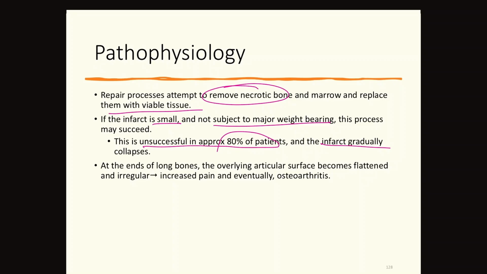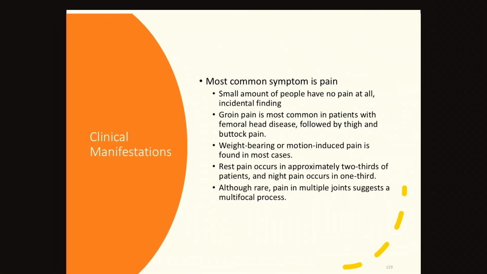At the end of the long bones, the overlying articular surface becomes flattened and irregular, so they get increased pain, and eventually they get osteoarthritis. Because we are dealing with the articular surface, it's going to ruin all those synovial joints, cause osteoarthritis type bone-on-bone movement in that joint.